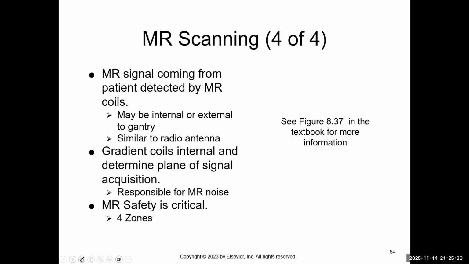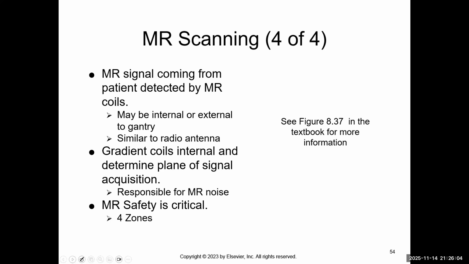All right, moving on to where the MRI signal comes from. The MRI scanner detects that energy that's released from those hydrogen atoms within the patient. So the patient themselves are actually helping to make the image, and the RF coils act like antennas to help pick up the signal.